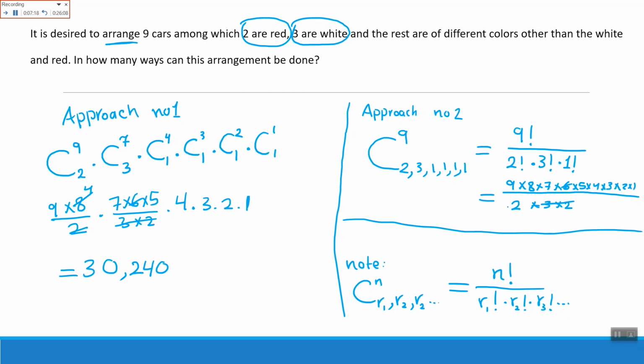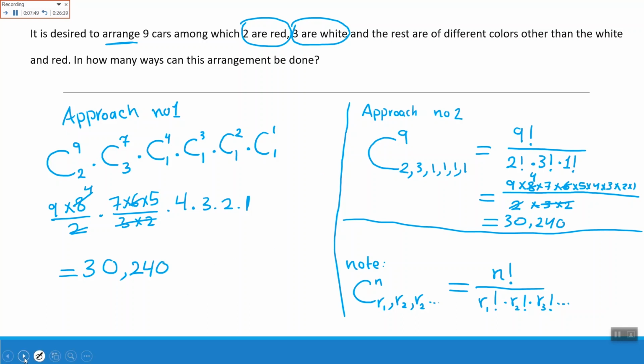Cancel it with 6 and cancel the 2 with the 8. We get 4. We get the same thing here: 9 times 4 times 7 times 5 times 4 times 3 times 2 times 1. It's the same string of numbers, and it gives you the same answer, 30,240. So we can use this way whenever we have more than one r for the same n.